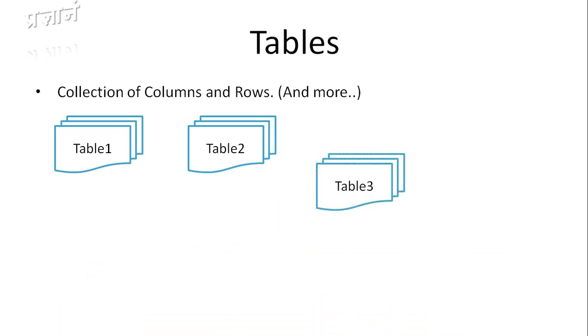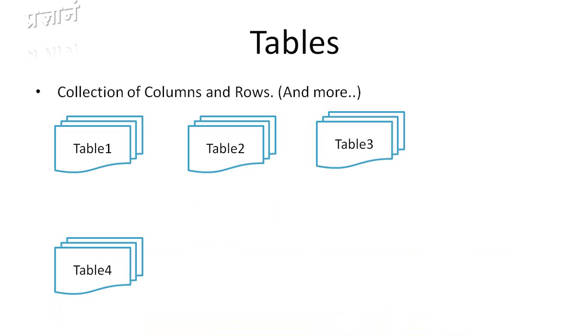There are going to be many tables in your database. Suppose there's table 1, table 2, table 3, table 4. Each of these tables will contain some specific type of data. Table 1 might contain customer details, table 2 might contain product details and all sorts of stuff. And also there are going to be relationships defined between these tables.